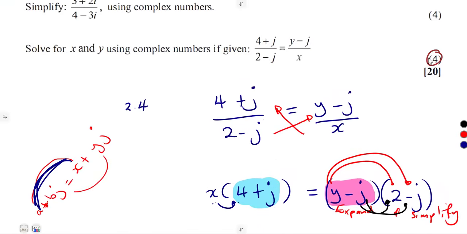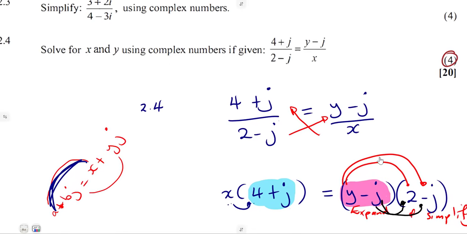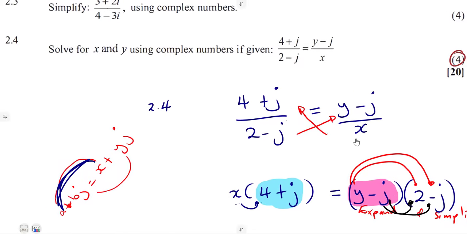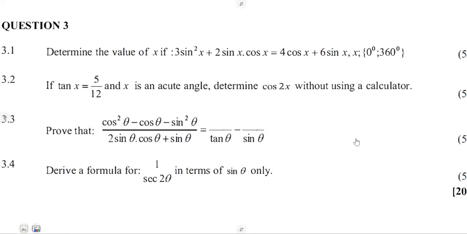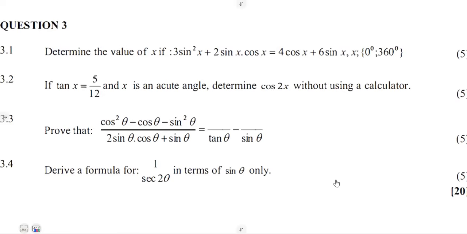So for 4 marks, okay, complex numbers, mostly they are like that. They do not give those marks that we expect, to say if it is like this, supposed to expect 8 marks or something. No, no, no, they don't do that.